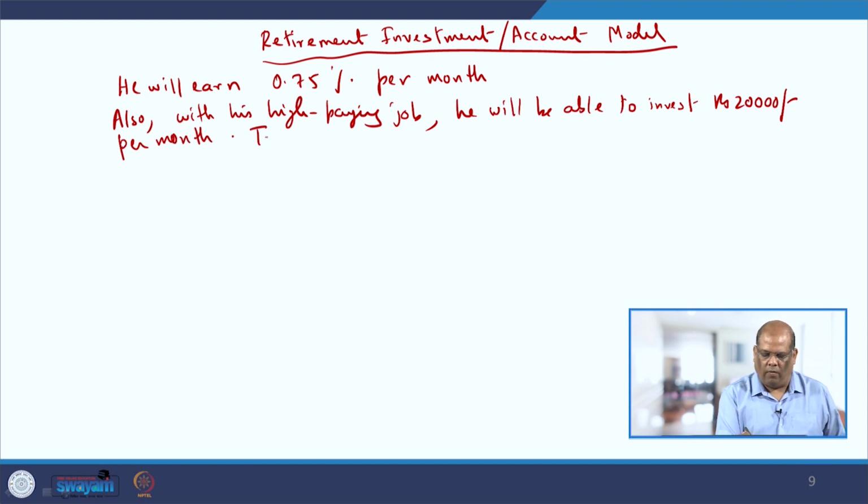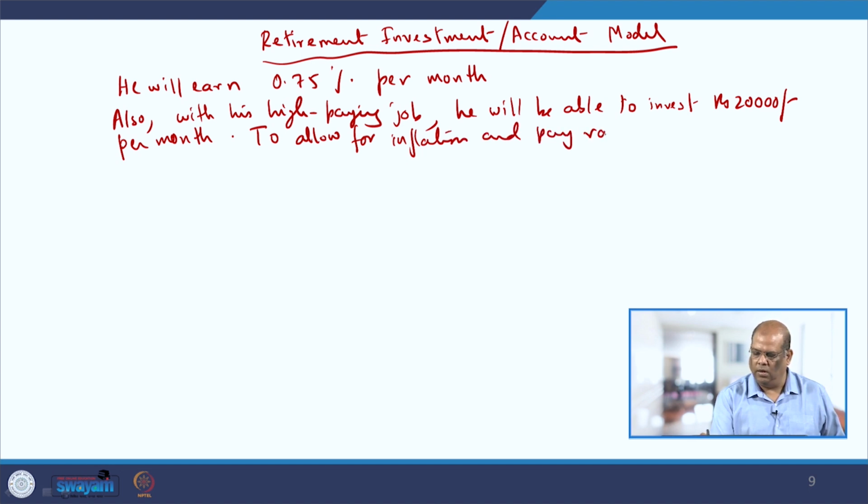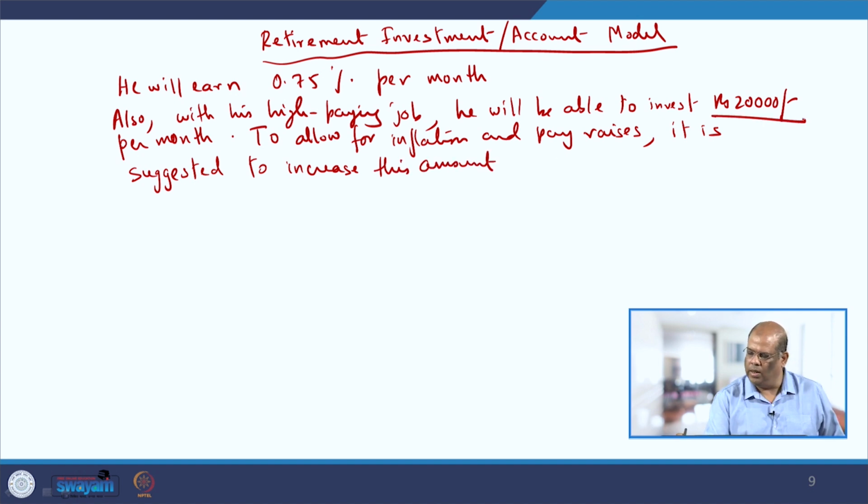And to take care of inflation, and of course there are pay raises, it is suggested to increase this amount, this 20,000, by 0.5% per month.